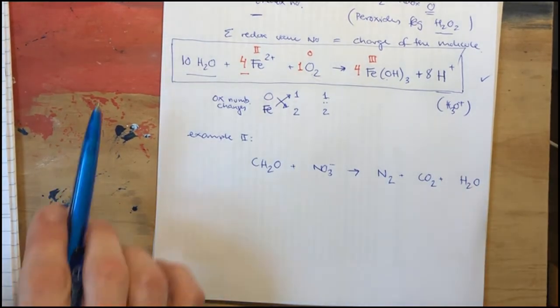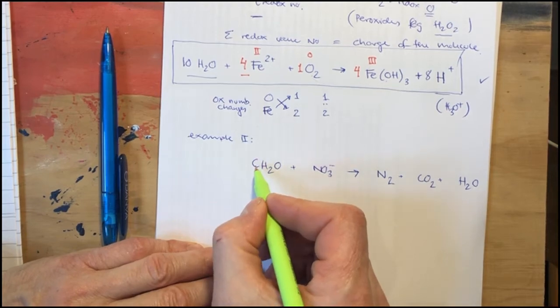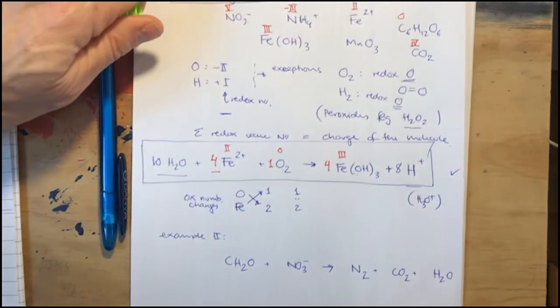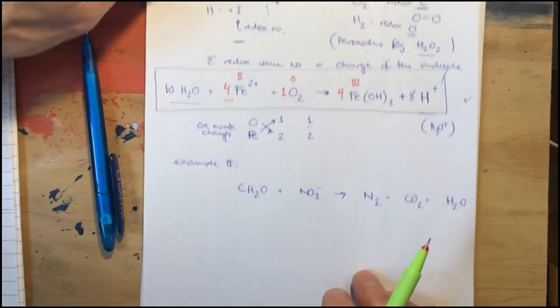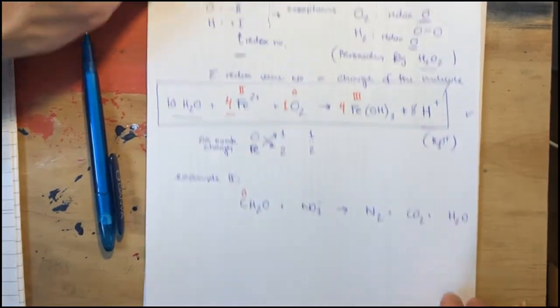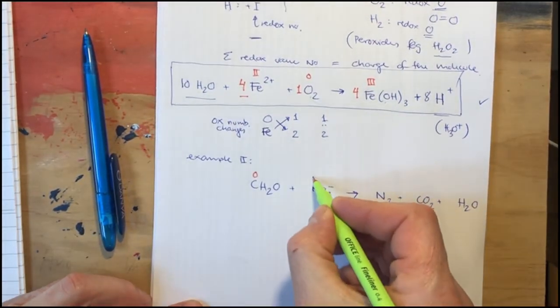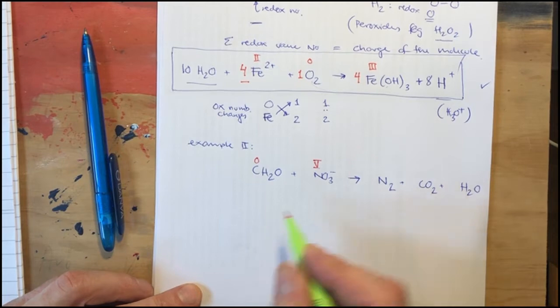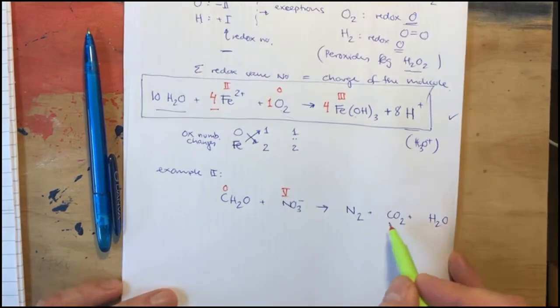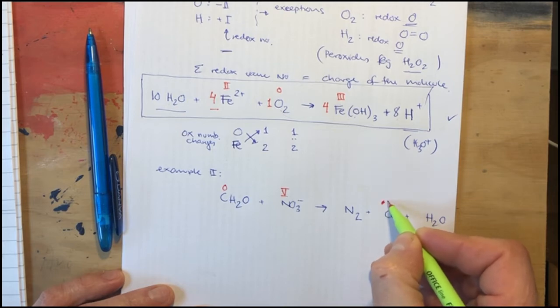So how can I balance this out? Well, first I have to look at the redox number. Carbon, as in my organic matter up here, has the redox number of 0. Nitrogen, as I saw up here, is 5 plus. Carbon ends up in CO2, where it has the value of plus 4.